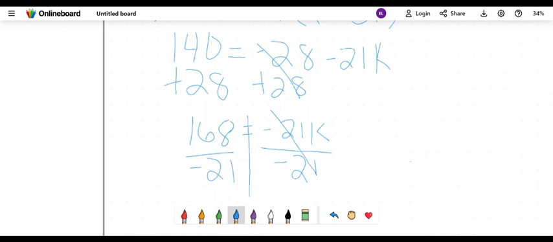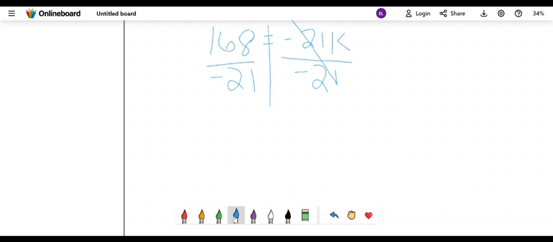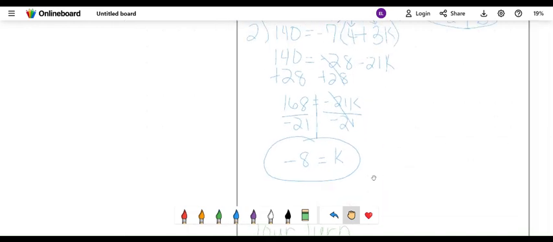Bring down the variable. So k equals 168 divided by negative 21, which is negative 8. k equals negative 8. That's our answer. That's not even bad, isn't it?